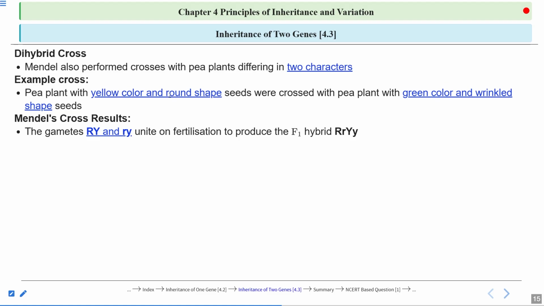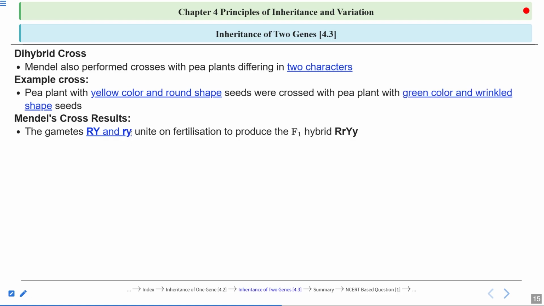So the genotype of one parent will be capital R, capital R, capital Y, capital Y, and the genotype of the other parent will be small r, small r, small y, small y. So the gametes produced by the parent with yellow color and round shape will be capital R, capital Y, and the gametes produced by green color and wrinkled shape seeds will be small r and small y.